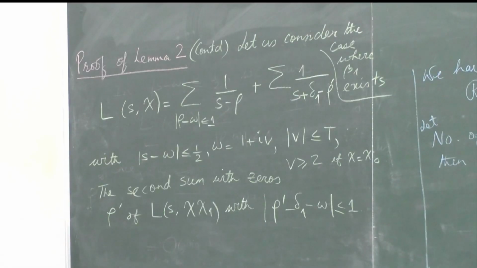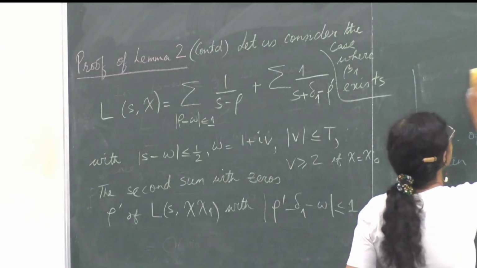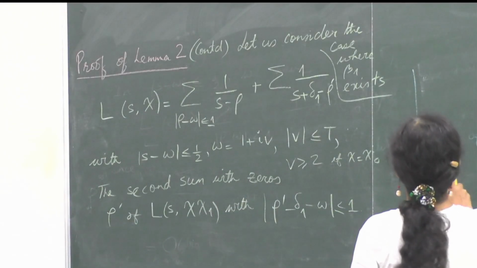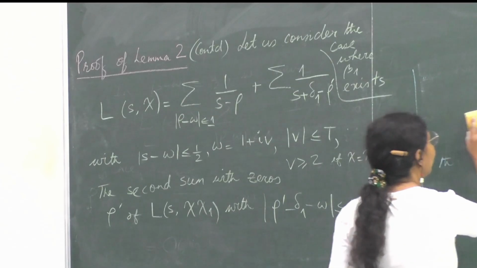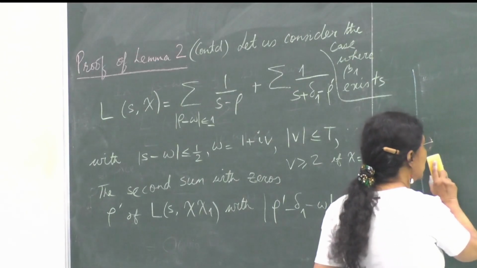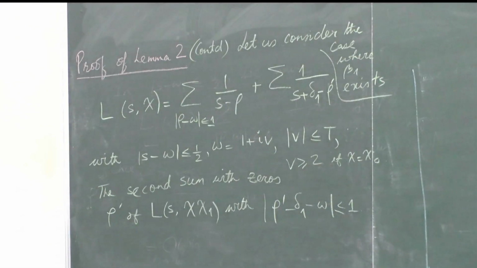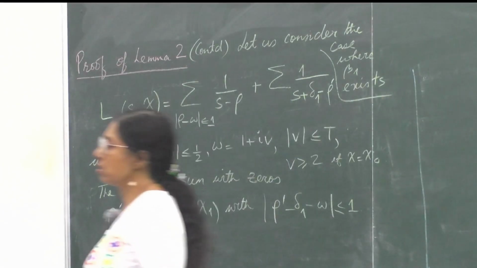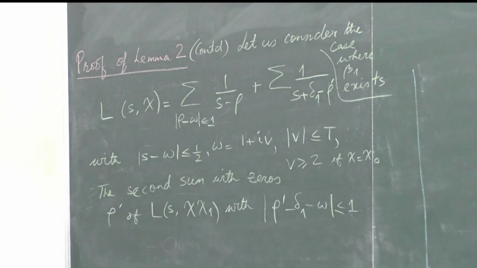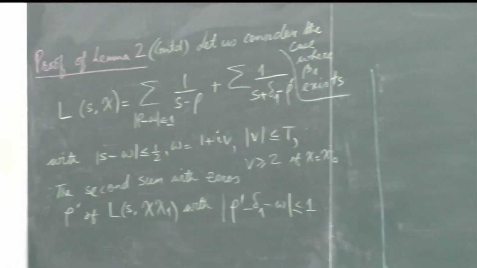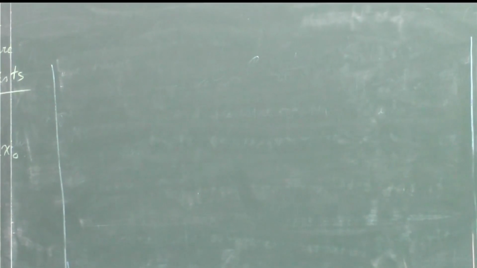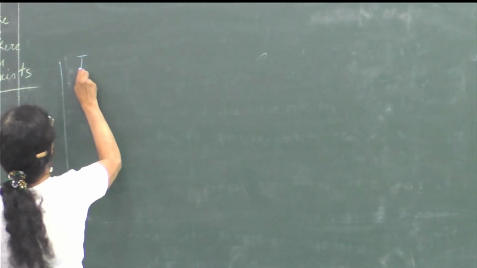So supposing I have chi equal to chi 0. What happens if chi is chi 0?